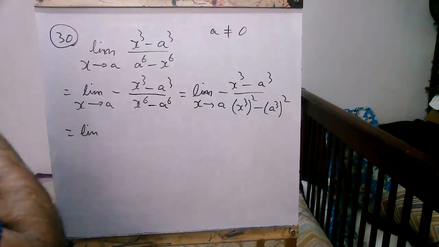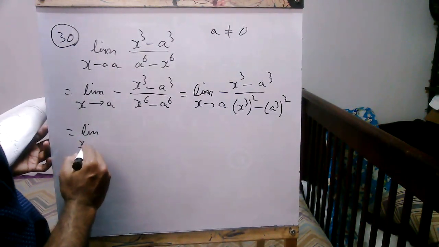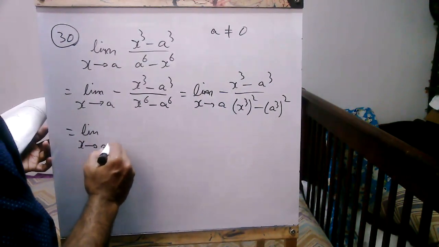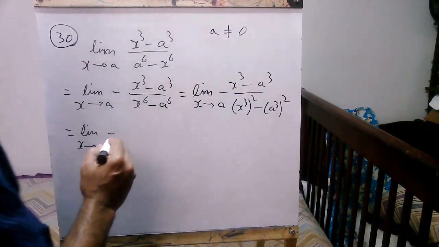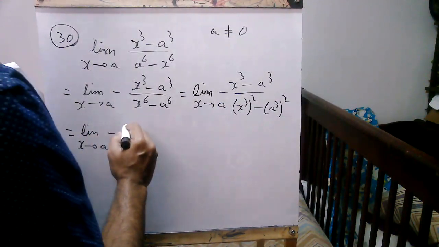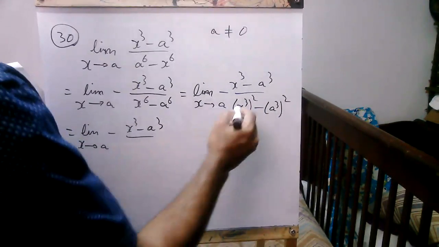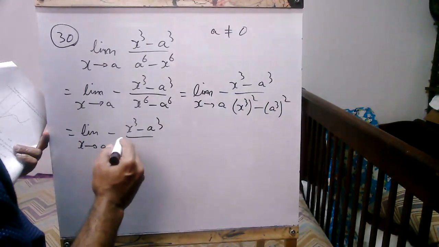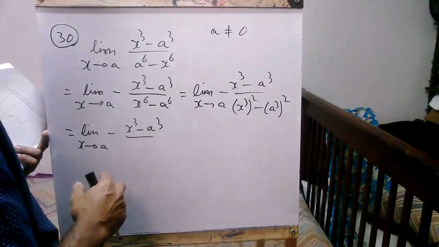We get the limit as x approaches a of negative x cube minus a cube divided by, this is a difference between two perfect squares, it factors as a minus b times a plus b.